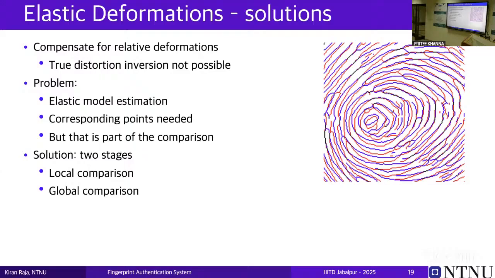Then comes the second solution: local comparison versus global comparison. I can look at the whole image and say there are at least 30% matches in this image. Then I can divide the image into a number of small blocks and say, in this part I see maybe 20% match, in this part 30% match, and maybe in this part much more.